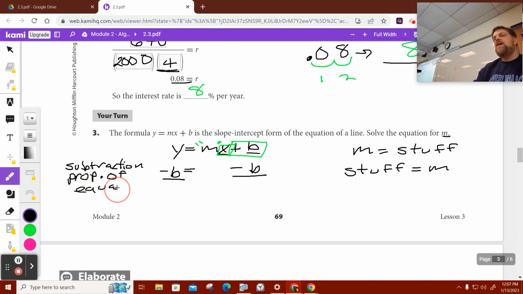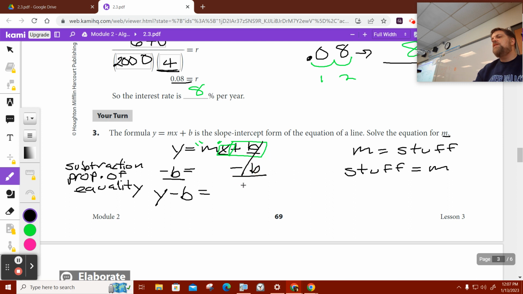Whatever I do on one side, in order to make it equal, I have to do to the other side. Now, when I do that, y and b are not like terms. It's like saying I have 5 pencils and I take away 3 pens. Pencils and pens aren't the same thing. Same thing with y and b, so I might as well just leave it like this, y minus b.